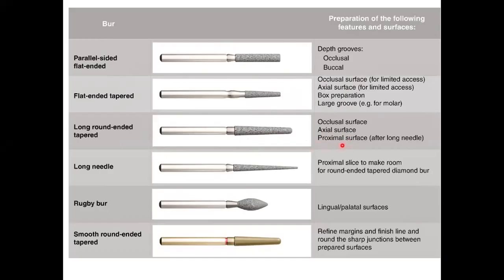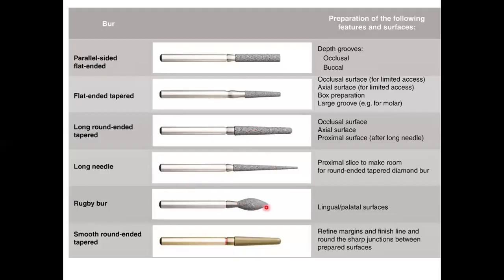For your proximal surface, the same taper fisher can be used, but it will be a longer one and the thickness will be very small. It will be almost a needle shaped burr. This long needle is also a taper, but the degree of convergence will be more when you compare it with your regular taper fisher burr.